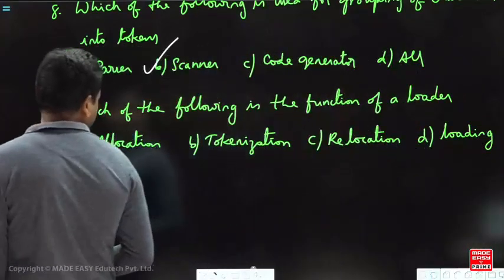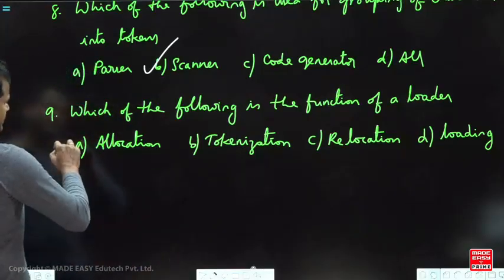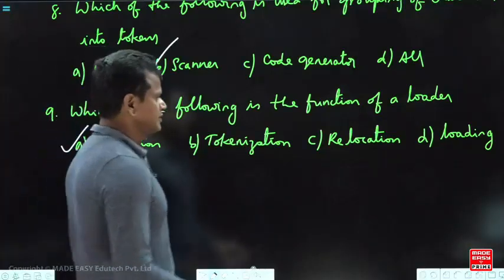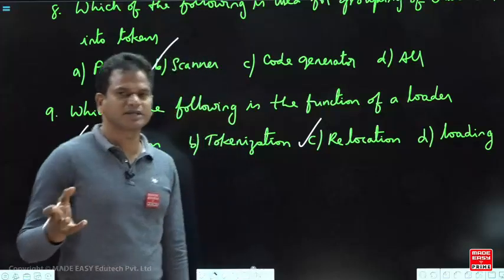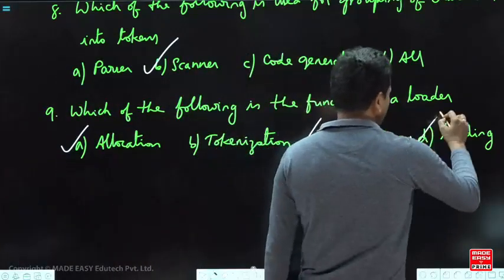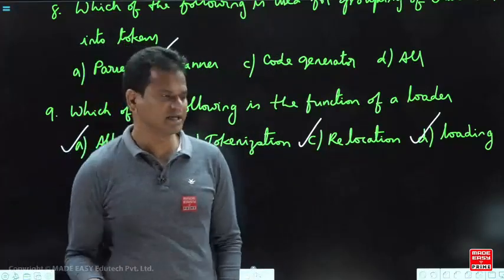Which of the following is the function of a loader? So, allocation, it allocates the required space. Relocation, it alters the address to different locations if it is not available. And loading, finally, it loads the program into the specified location in the main memory.